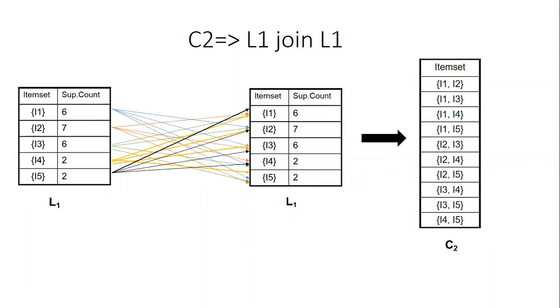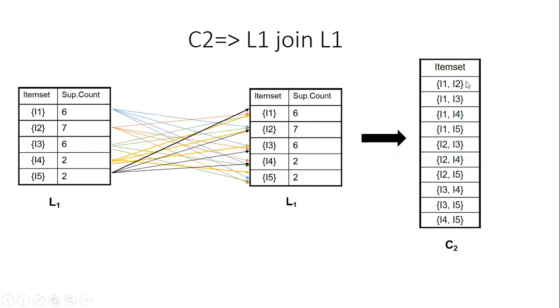Bread is bread only. The count may be two, but the bread item is one item only. So that's why we just ignore I1, I1. So we combine with a different item, bread with jam, like that. So I1, I2, I1, I3, I1, I4, I1, I5.